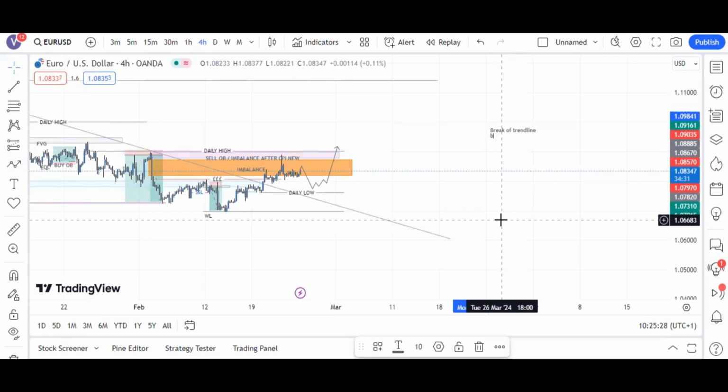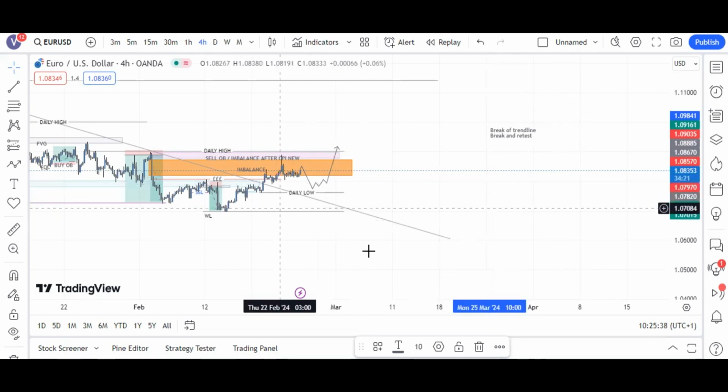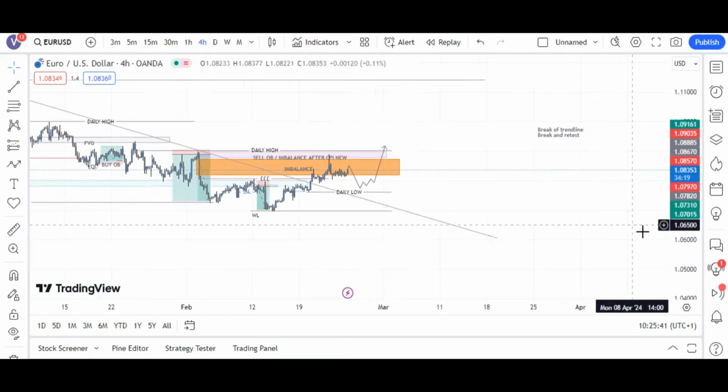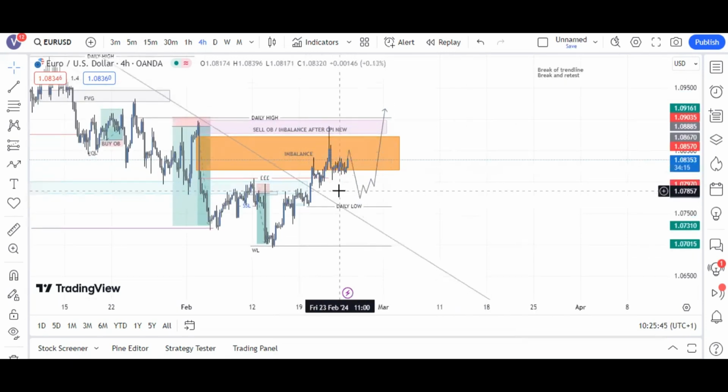Now, break and retest. People that trade break and retest, this is another one still, right? And if you look at it very well, the candlestick formation did not really print out that well here.